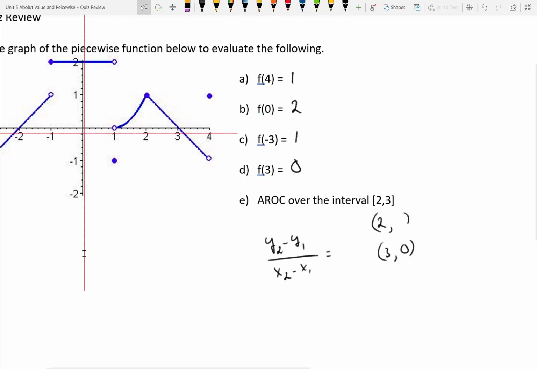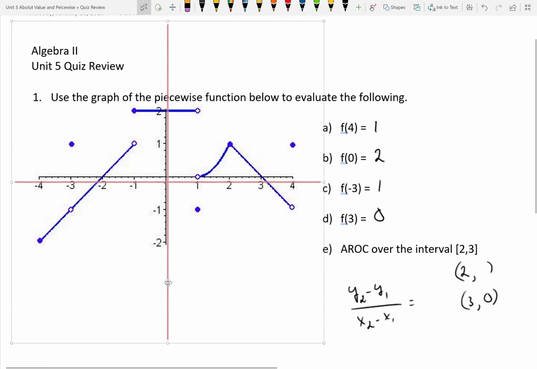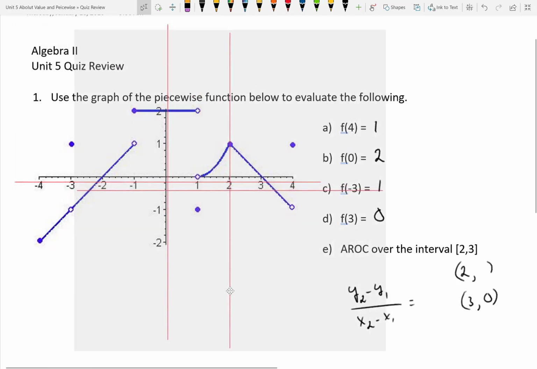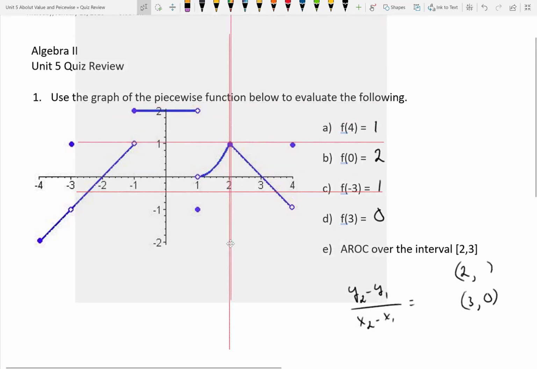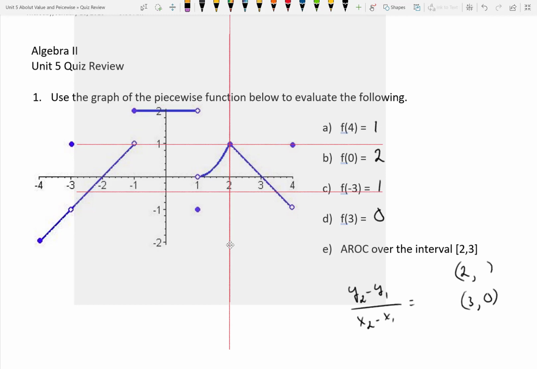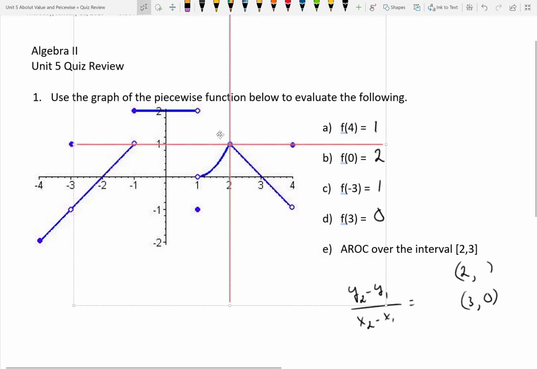And now we'll just use our little crosshair tool here to evaluate f of 2, aligning the vertical crosshair again with x equals 2, and then I'll drag that up until my horizontal crosshair intersects the function right here. Follow that back to the y-axis right over here, and we know that f of 2 equals 1. So we can fill that in.